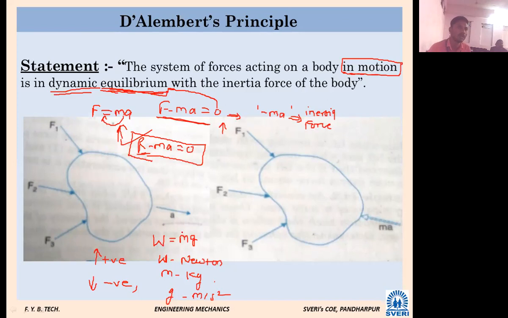Okay, we will see one of the problems, and you should know this again, because sometimes whenever we use the equation, the mass may be in kg, or maybe W, so we can write W by g. What will be the unit of acceleration? From this, m is equal to W by g.